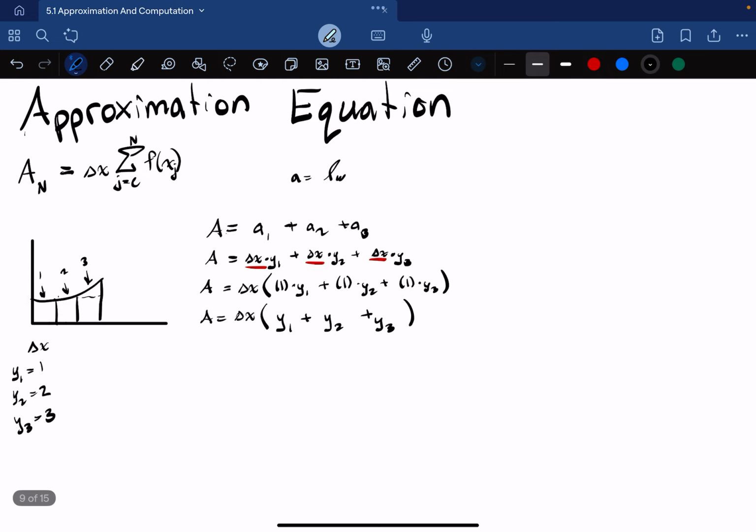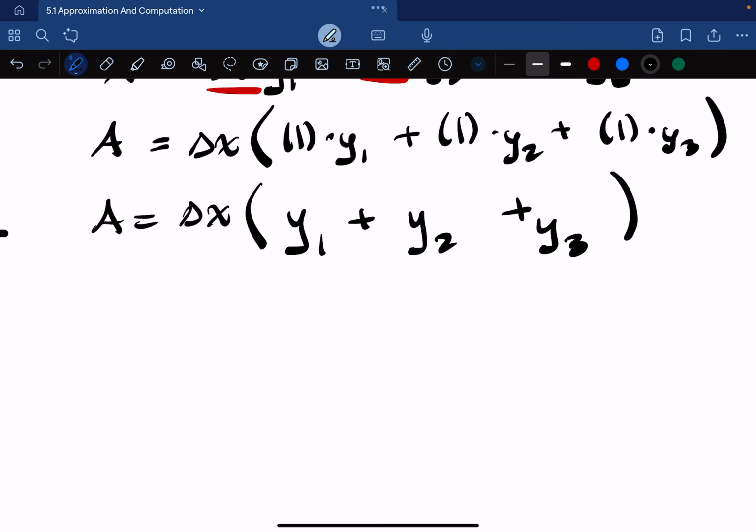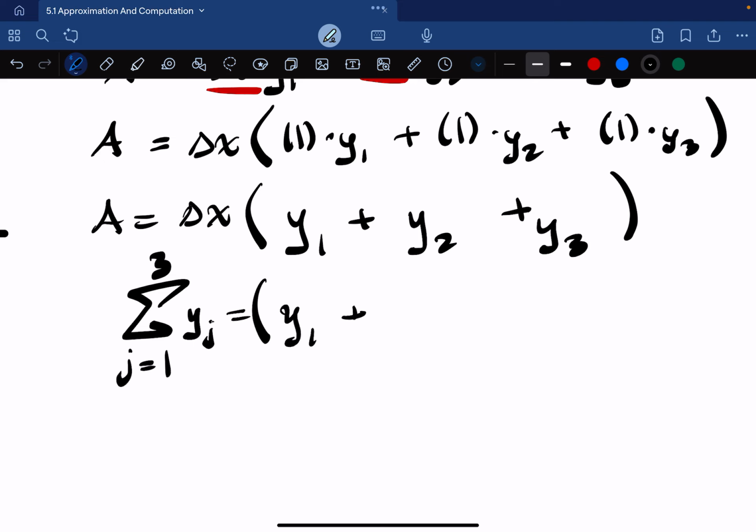Now, this is where our summation formula comes in, or otherwise our sigma, this weird looking E thing. This weird looking E, what I'm writing right now, is very much equal to y1 plus y2 plus y3.